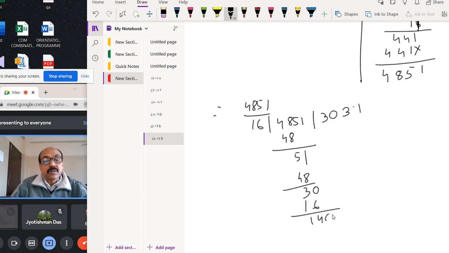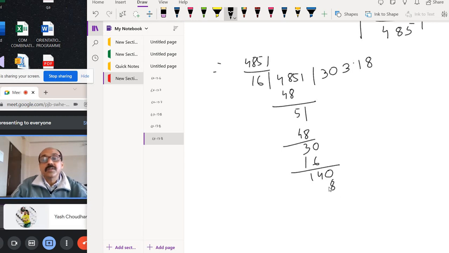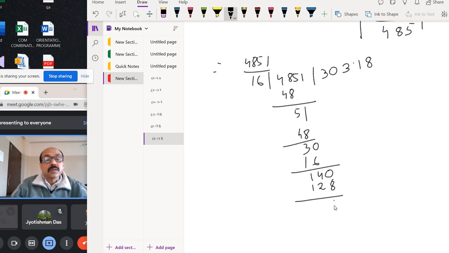Take one more 0, 140, 8 into 16, 128, remainder 12.